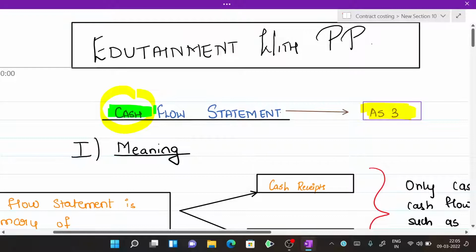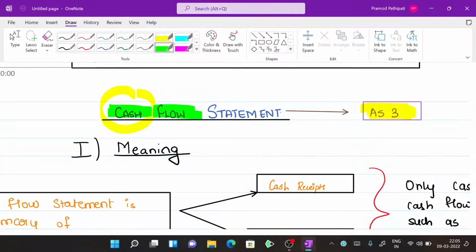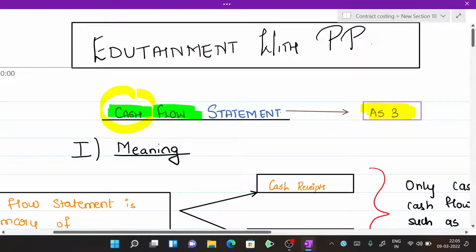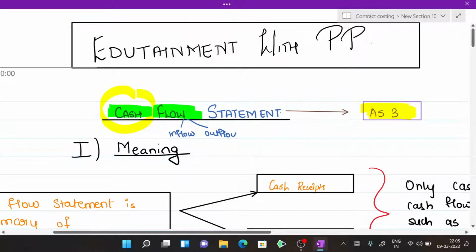The second thing is flow. What do we mean by flow? Inflow and outflow of the cash, and the statement. In simple words, we can say that the cash flow statement is a summary statement of the inflow and outflow of the cash in a business, right?